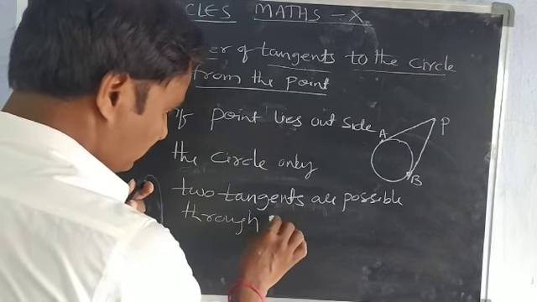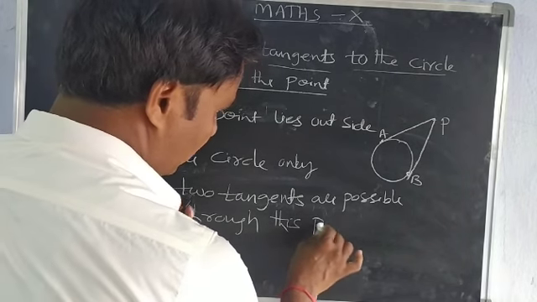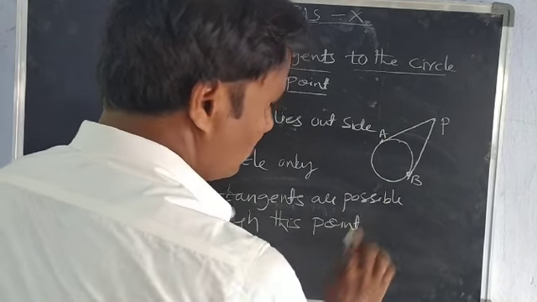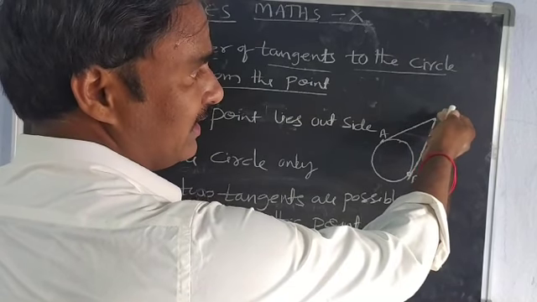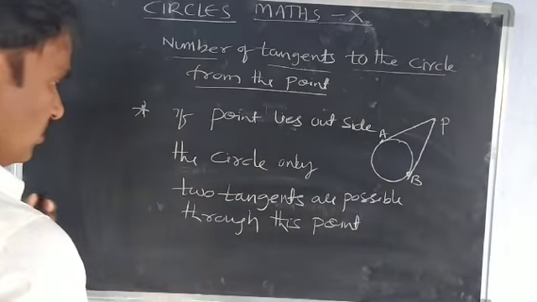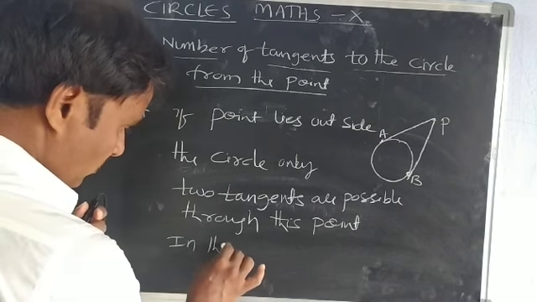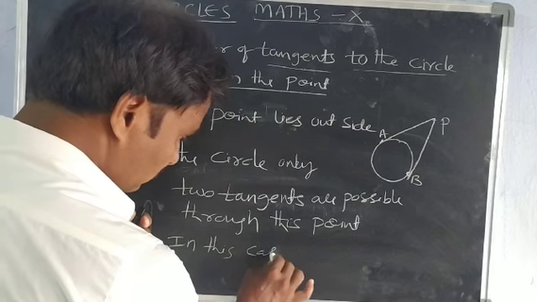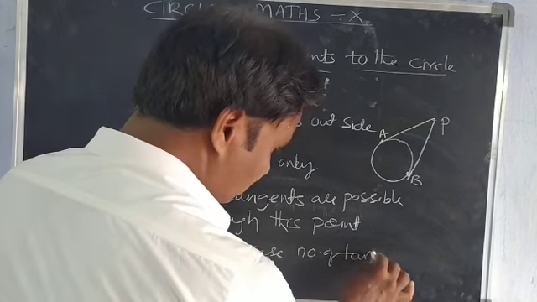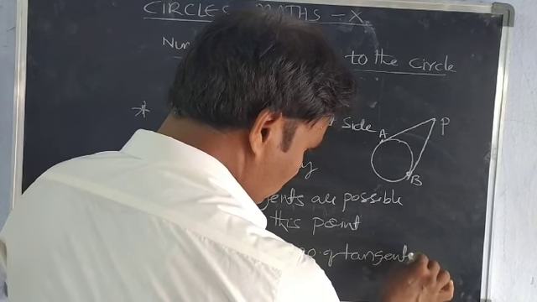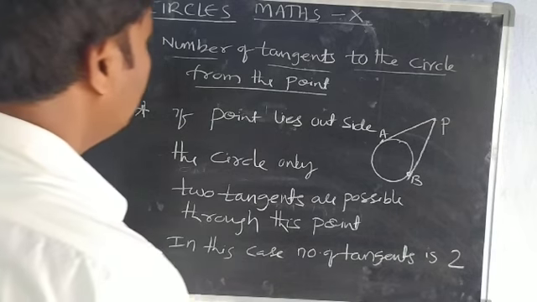From a point outside the circle, we can draw only two tangents. So in this case, the number of tangents is 2. These are the three cases.